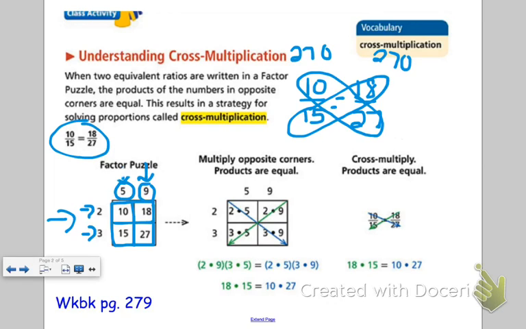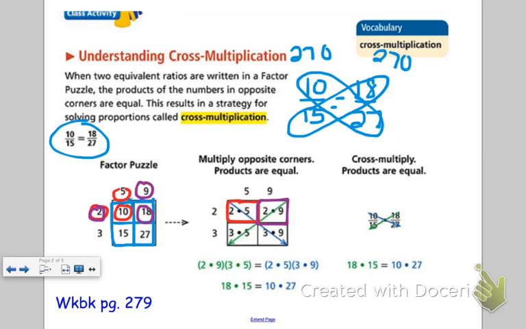So our common factors, if you remember, are always on the outside of our factor puzzle. Watch what happens when I actually take those common factors and do the multiplication of them. You know that 2 times 5 is what gives you 10. So here's 2 times 5 in this box. You also know that 2 times 9 gives you 18.